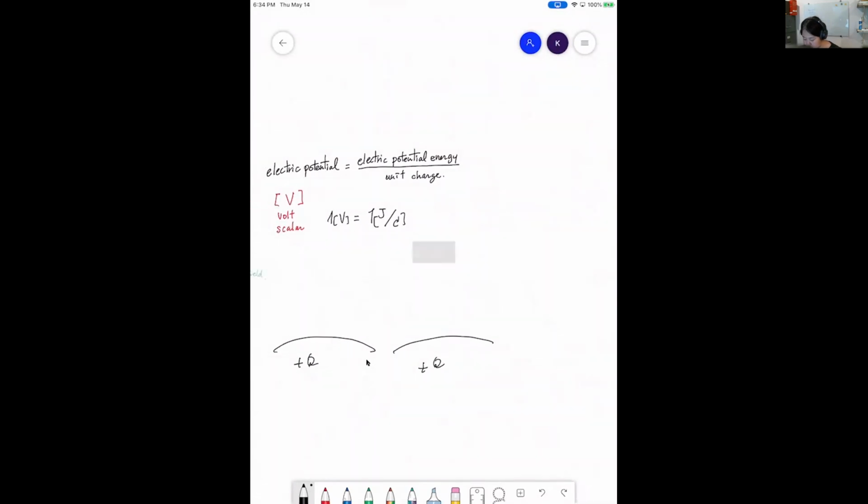So there are three cases. You have this big Q here, and at the same location, away from this big Q, at the same distance D, I am going to bring the little Q naught here.